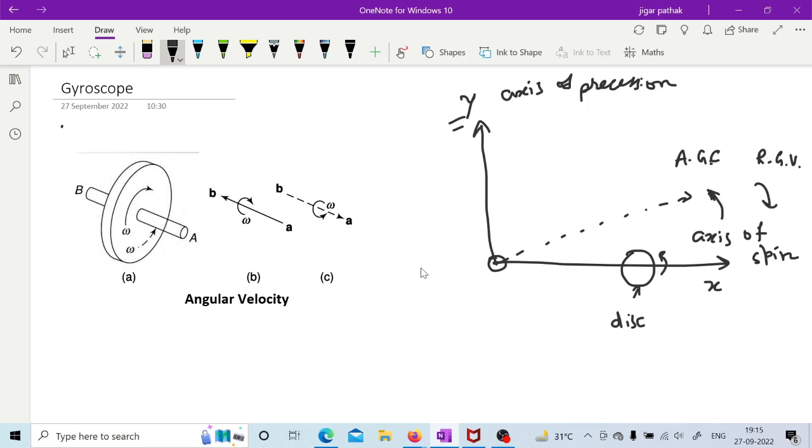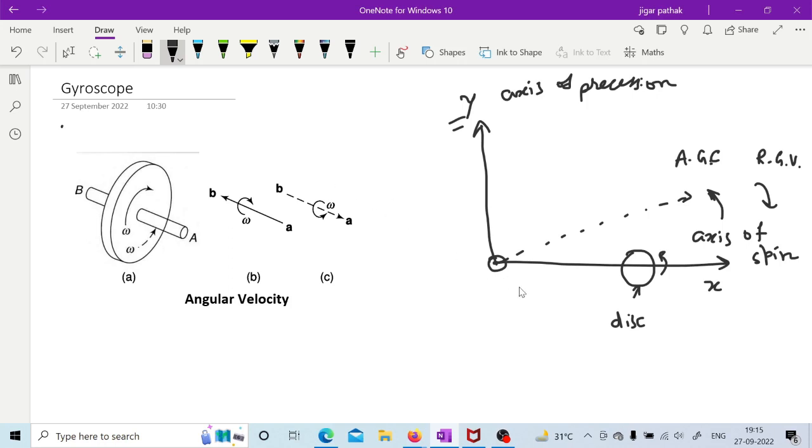So we first discuss the angular velocity and angular acceleration, and then we can go into the discussion of how it affects different applications, means where we find this kind of situation where rotating elements also have rotation about any other axis.